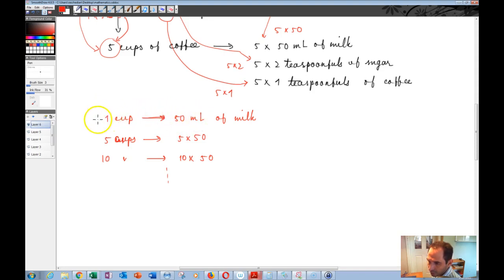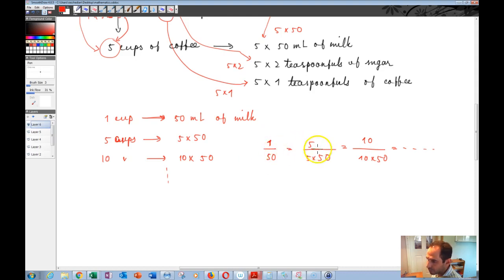Meaning that if you take the ratio of 1 to 50, it is equal to the ratio of 5 to 5 times 50, which is equal to 10 over 10 times 50, and so on and so forth. The ratios are remaining the same. No matter how much you increase the number of cups of coffee, the ratio of cups of coffee to the amount of milk is constant.